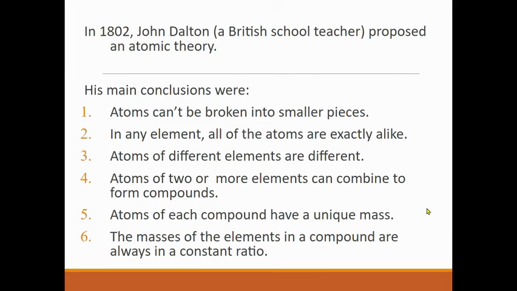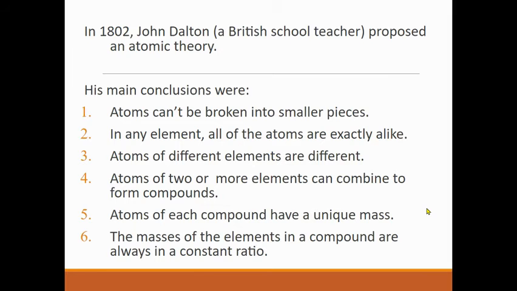In 1802, John Dalton, who was a British school teacher, proposed an atomic theory. It was the first atomic theory because he actually ran experiments on substances. His conclusions were that atoms cannot be broken into smaller pieces. In any element, all of the atoms are exactly alike. Atoms of different elements are different.